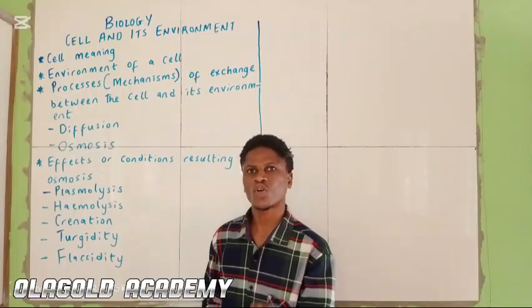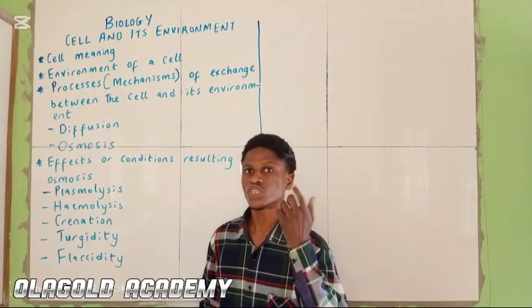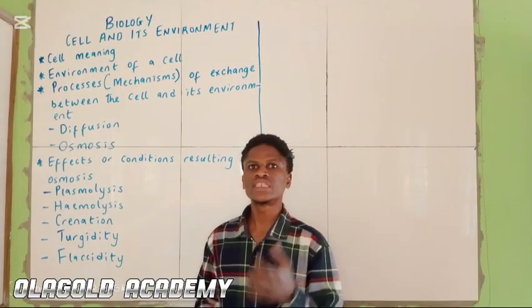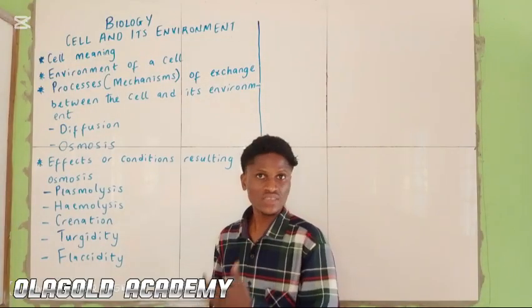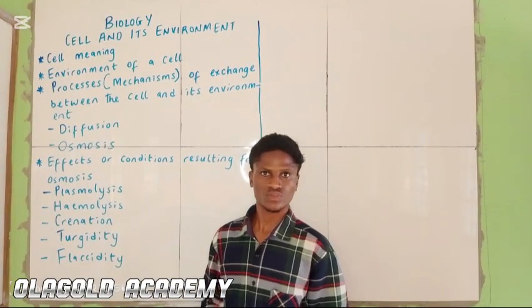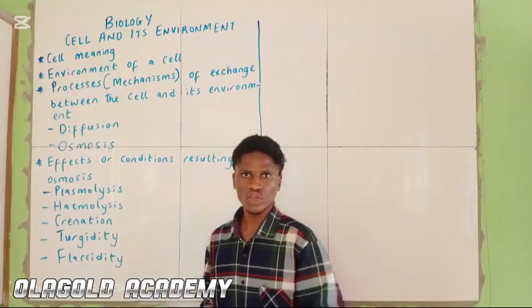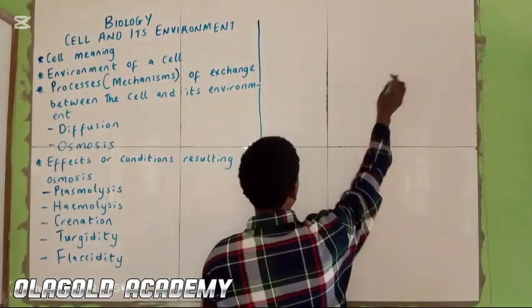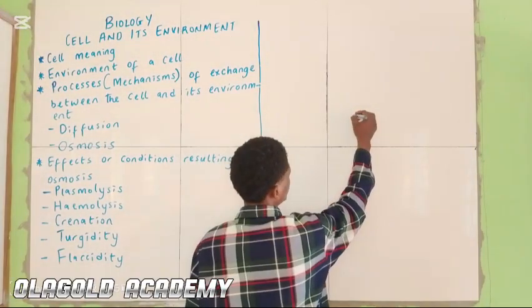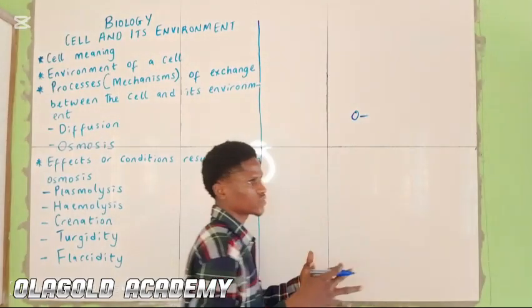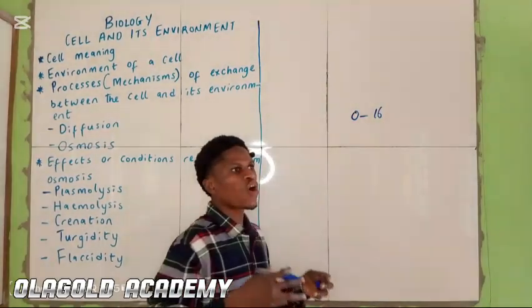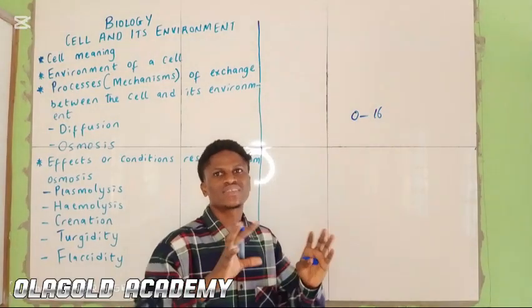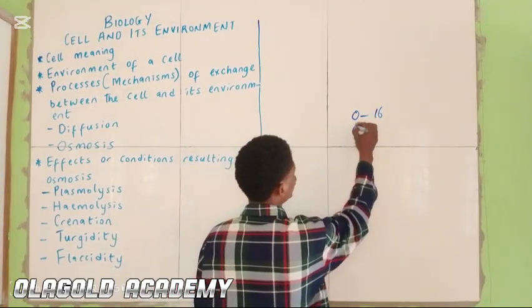The atomic mass of oxygen is 16, but oxygen exists as a diatomic molecule, that is O2.